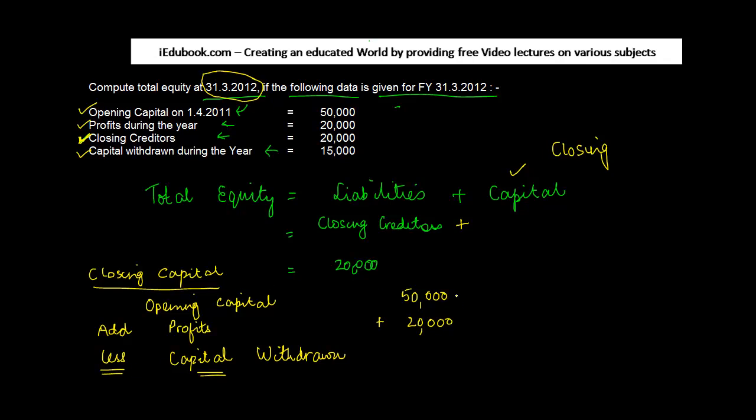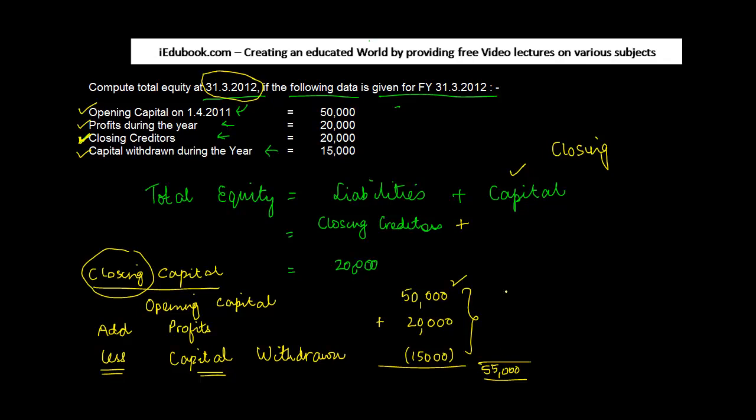Because whatever money I had to receive from the business is reduced to that extent, minus 15,000. Once you do a sum of these three, 50 plus 20 gives you 70. 70 minus 15 gives you 55,000. Right? So basically what I have done here is I have computed the closing capital.